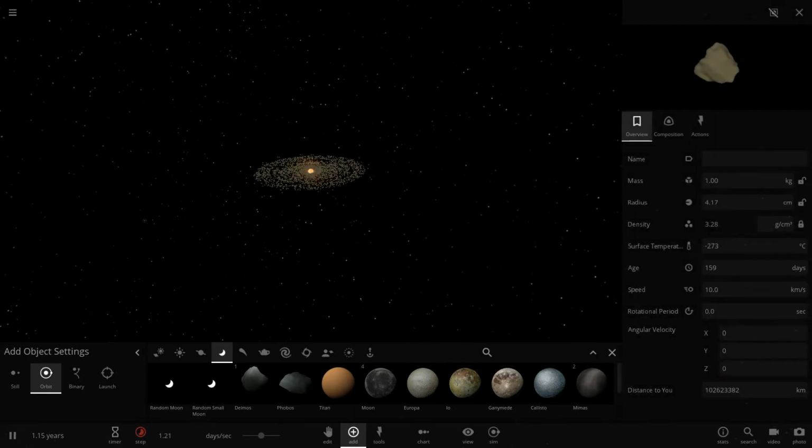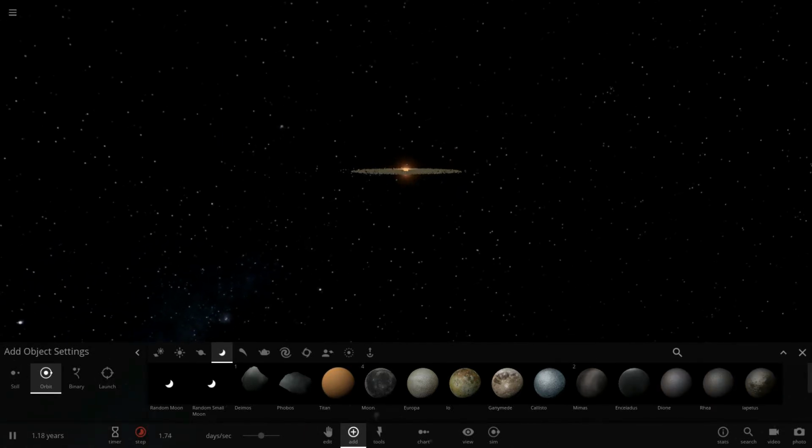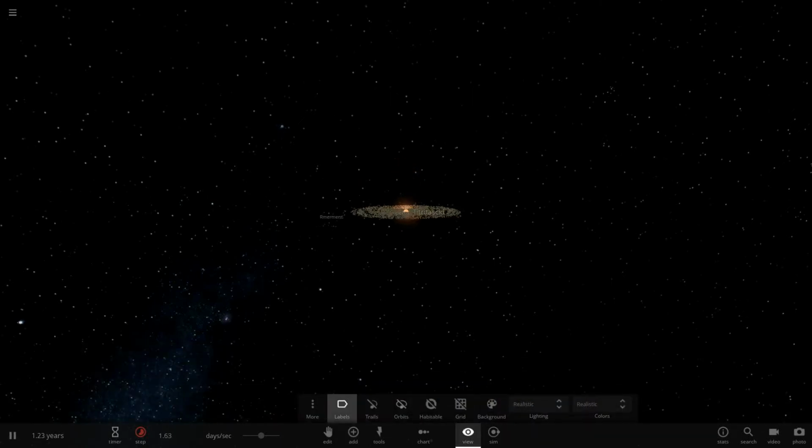That it? Nope. Nope. Nope. Where is this planet? It's obviously going to be over here somewhere. Hang on, let me put labels on. Where is it? Really? It was right there.